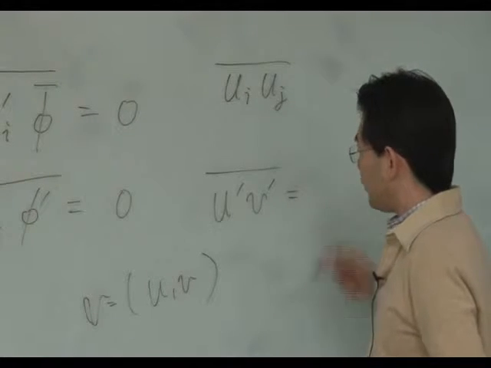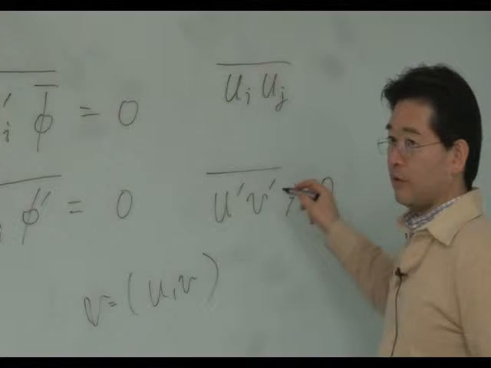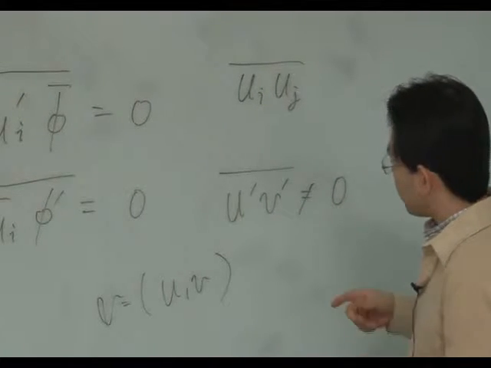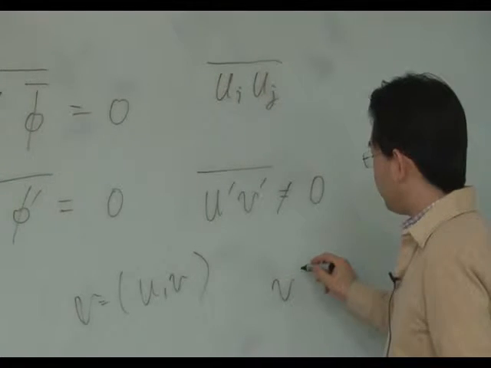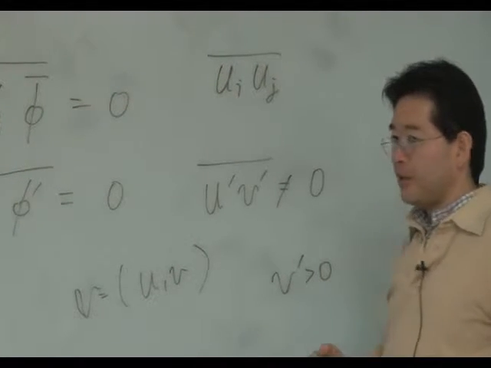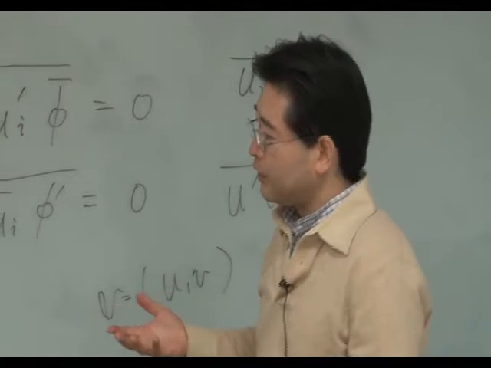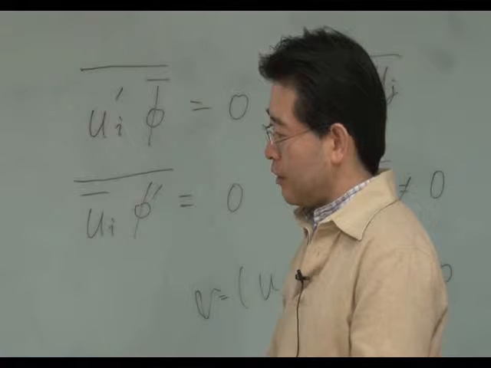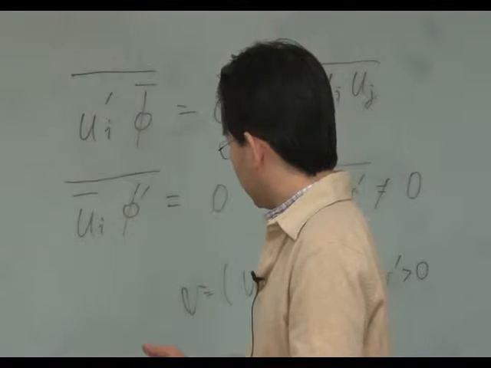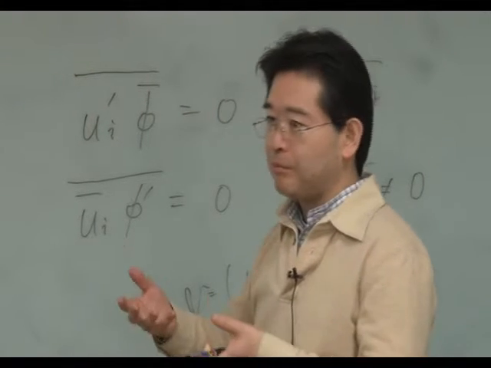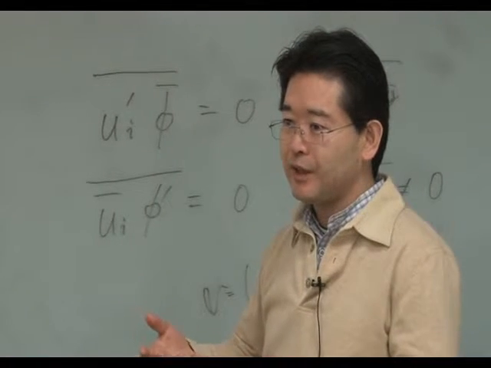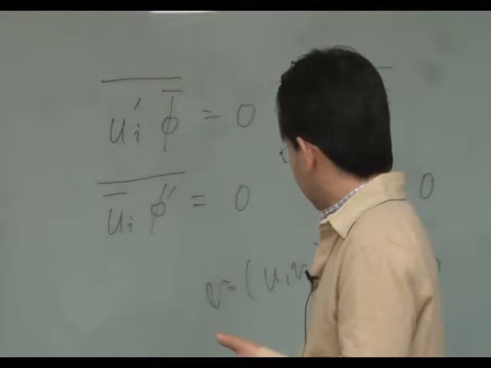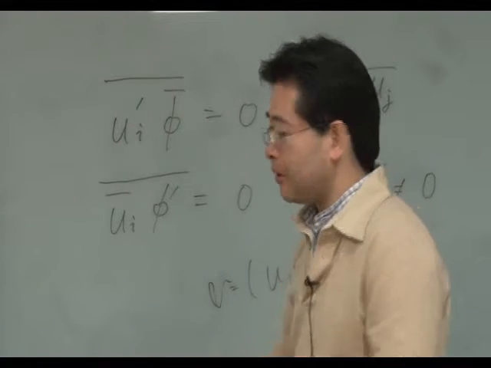In turbulence, we know this is not equal to 0 because if v prime is positive, it works to lift up the low flow velocity in the bottom of the boundary layer.